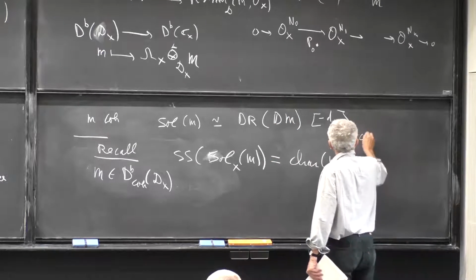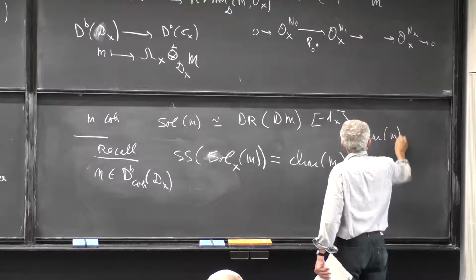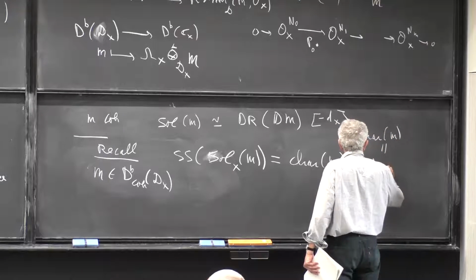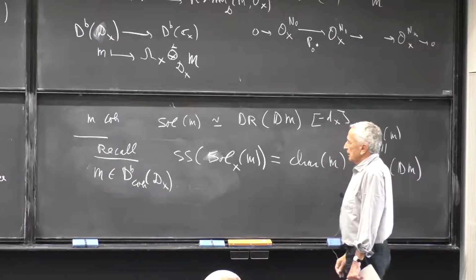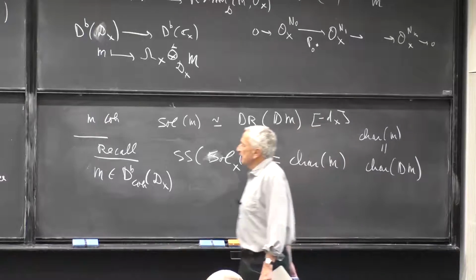Char M equals char of the dual of M. Okay, so that's some basic notions.